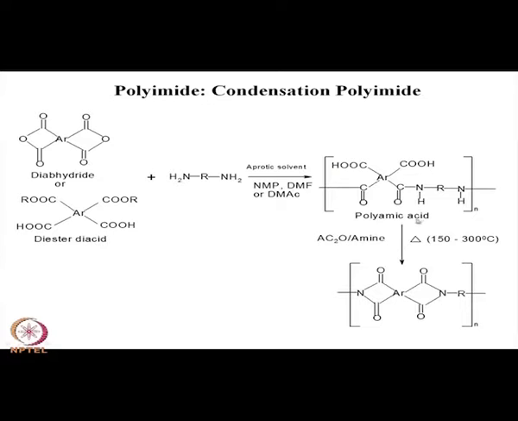and can form a ring when it is heated at high temperature. Gradually it is heated from, say, ambient or 150 degree Celsius to 300 degree Celsius in dry condition, and it forms a ring. This is called an imide ring.